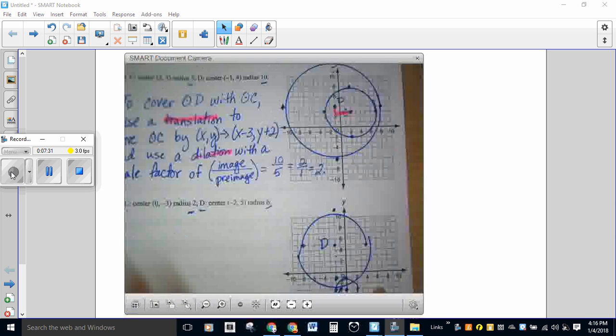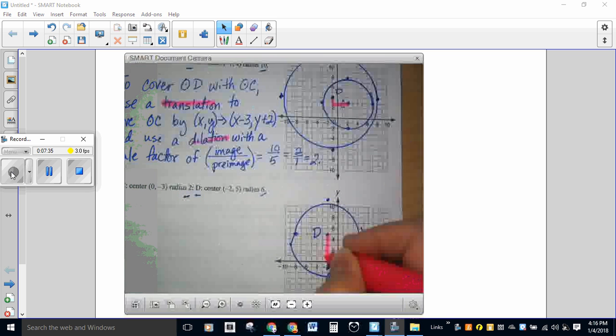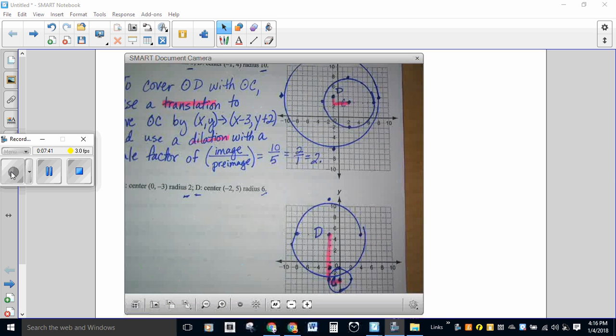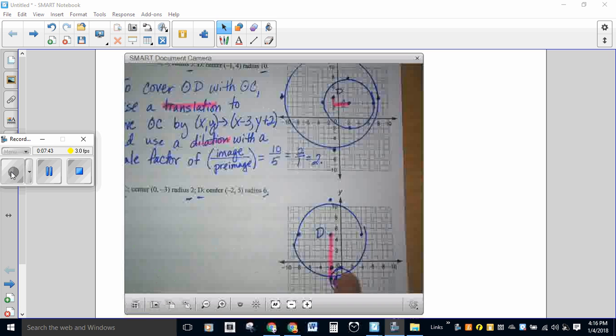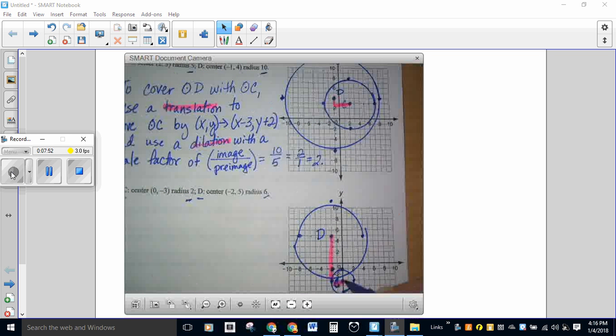We want C, the center here, to move here. That means I have to slide it 2 to the left, and then go up 1, 2, 3, 4, 5, 6, 7, 8. So we go up 8.